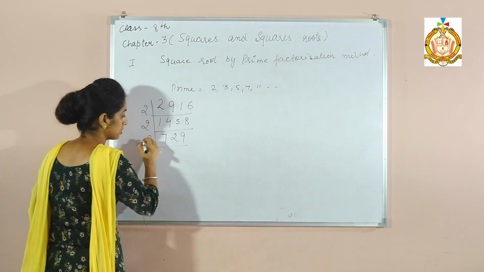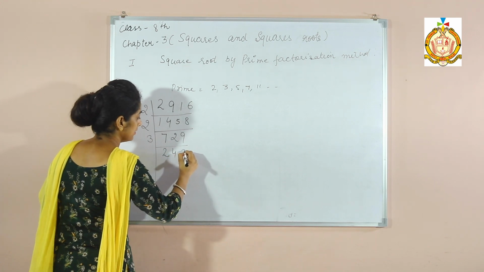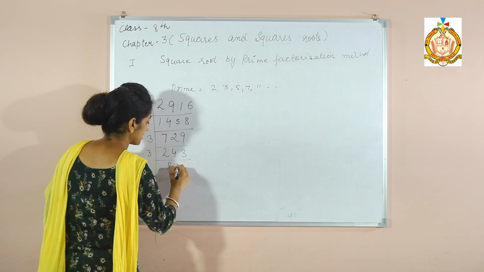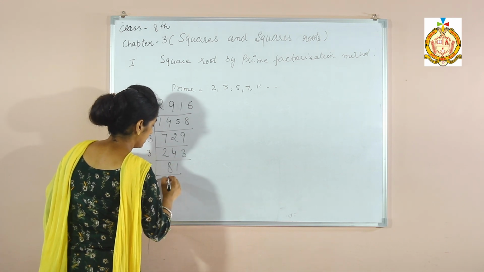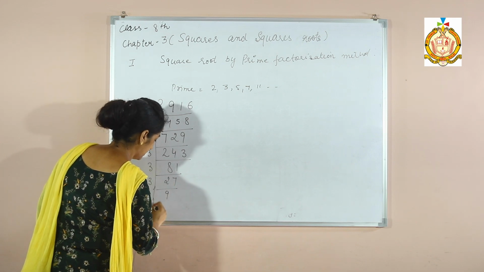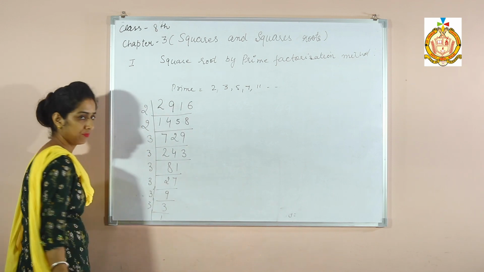Now it goes on 3: 729 divided by 3 is 243, then 81, then 27, 9, 3, and 1.